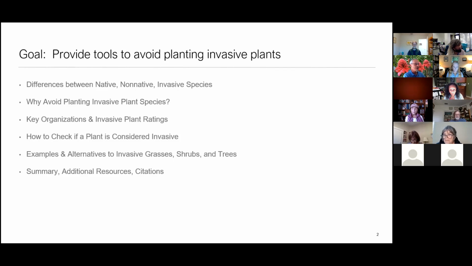And then importantly, for all of us as master gardeners, gardeners, and the public, just how do we know if a plant's invasive to even consider avoiding it? And then some examples of invasive grasses, shrubs, and trees, and then a summary.